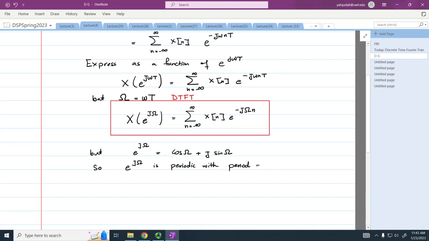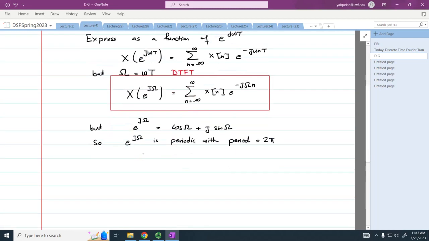What is the period equal to? 2 pi. That means if I have any phase, e to j omega 1 is the same as e to j omega 1 plus 2 pi. Why? Because this is equal to e to j omega 1 multiplied by e to j 2 pi.